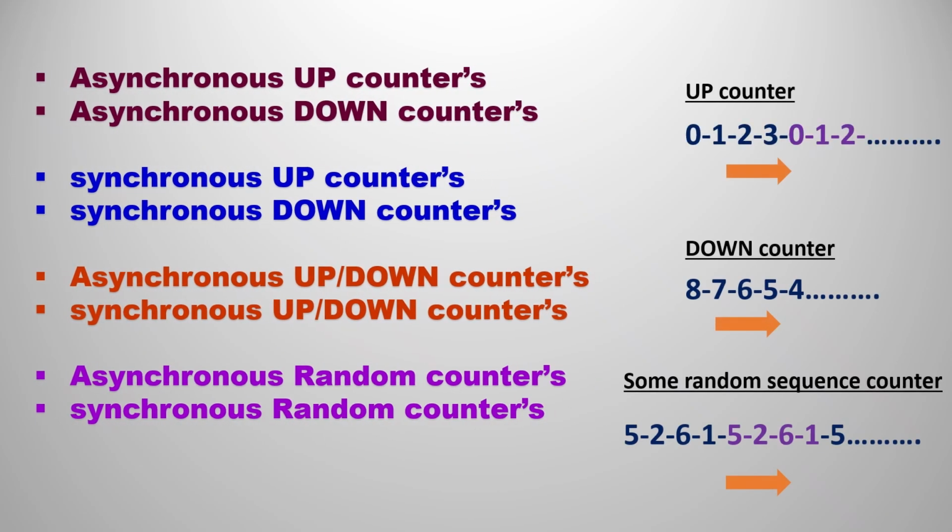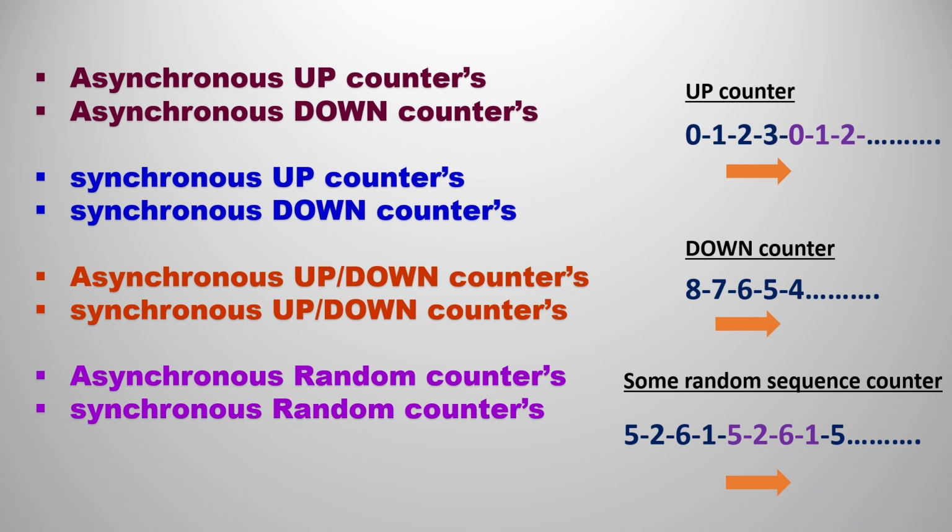Let's see a quick overview of up, down and some random sequence orders. For an up counter, if you start from 0 and end with 3, you continue the same sequence: 0, 1, 2, 3, 0, 1, 2, 3, like that. This is known as an up counter because we start from low and go up. For a down counter, we start from 3, 2, and end with 0, and again follow the same sequence. I hope you know that.